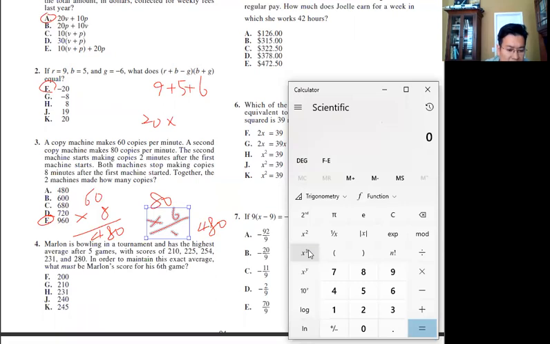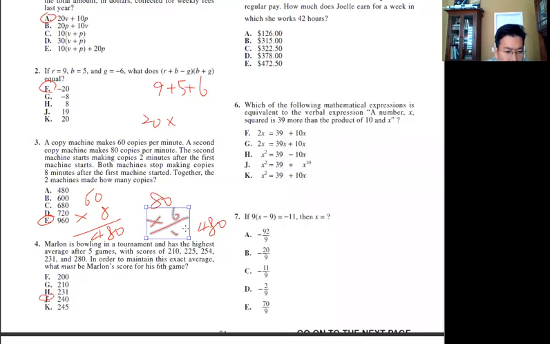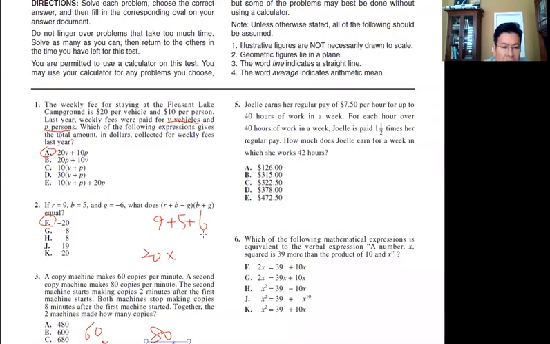That should be fine. So 255 plus 1, 2, 80 by 5, 5.